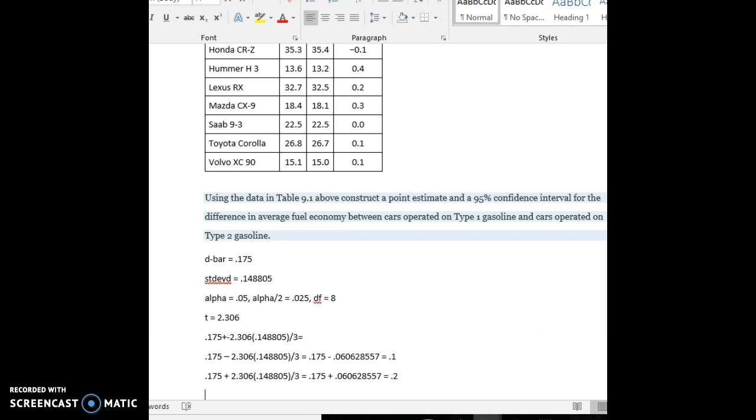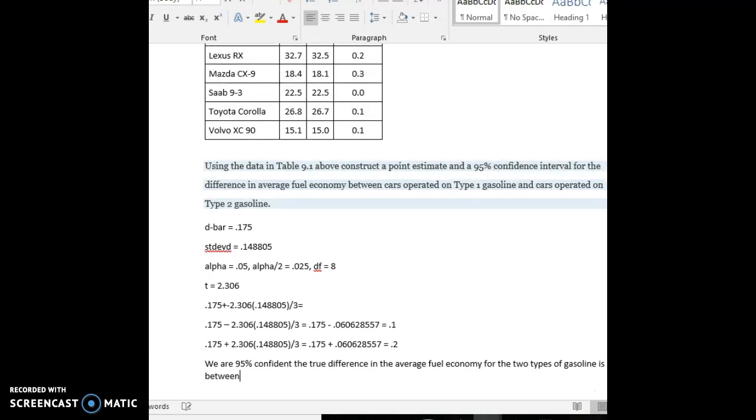All right, so let's go ahead and write out our statement for our confidence interval. We are 95% confident the true difference in the average fuel economy for the two types of gasoline is between 0.1 and 0.2 miles per gallon.